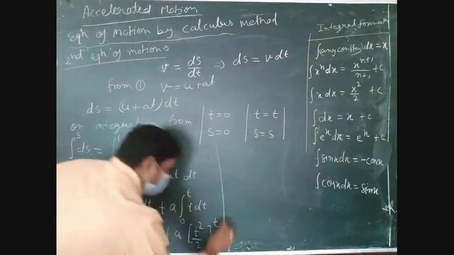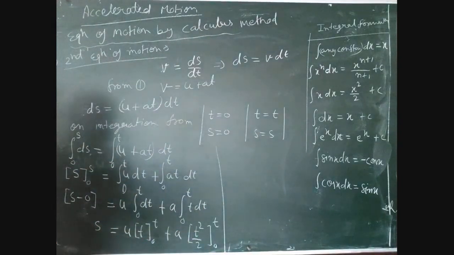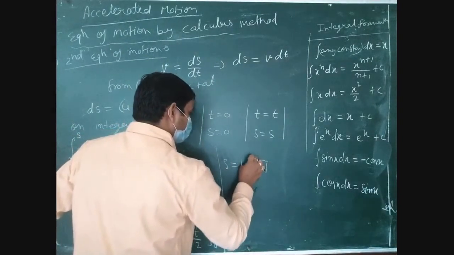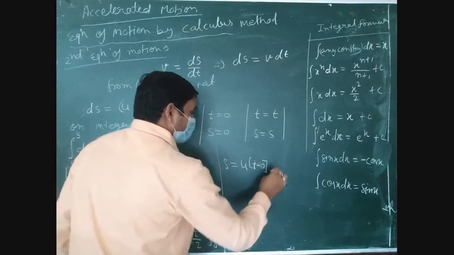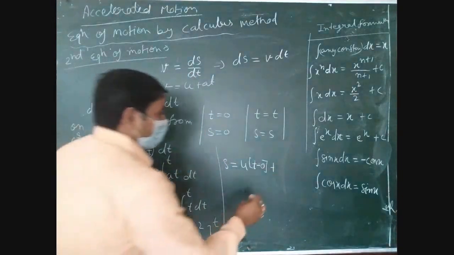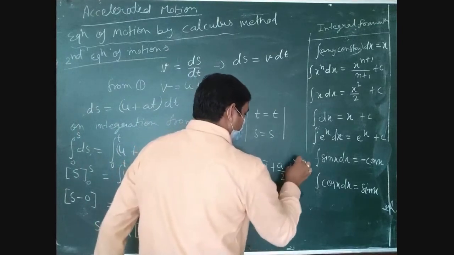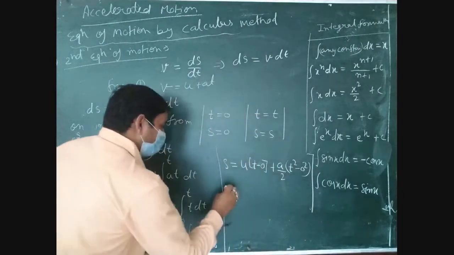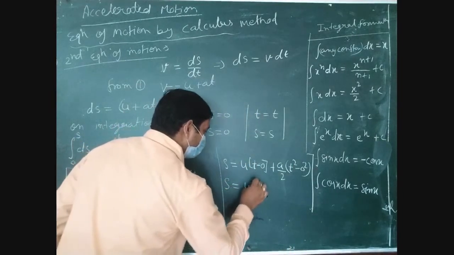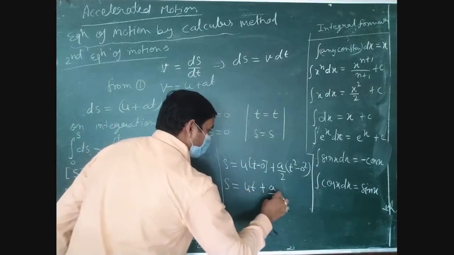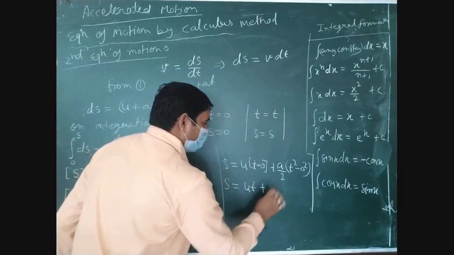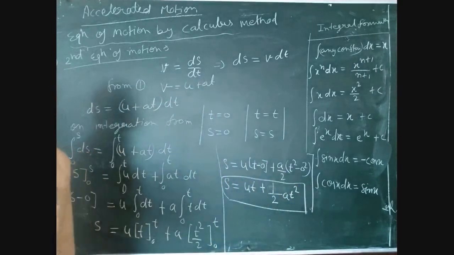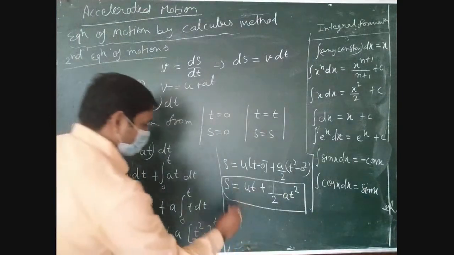By using the limits, we get s is equal to u t minus 0 plus a by 2 into t square minus 0 square. Then s is equal to ut plus half at square. This is the second equation of motion.